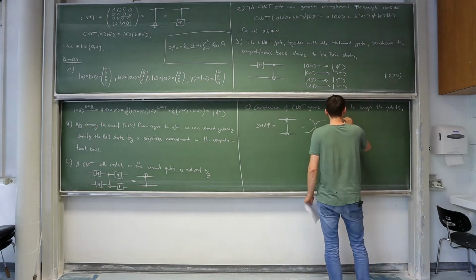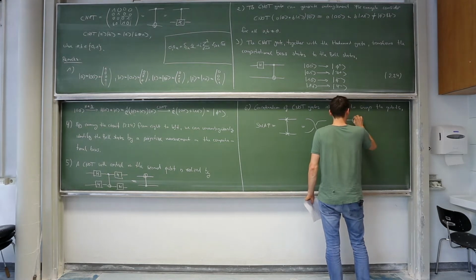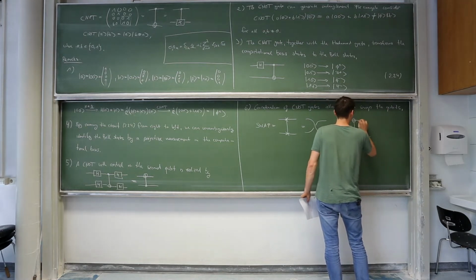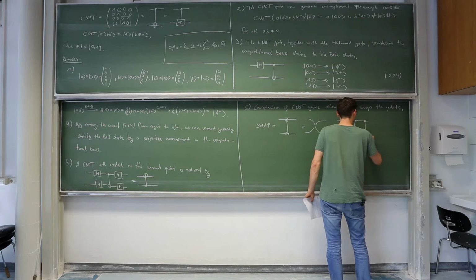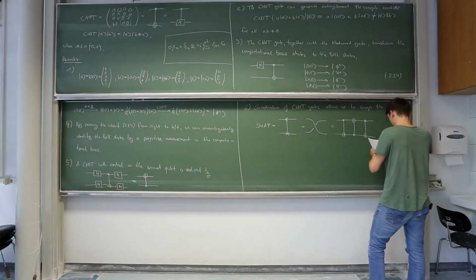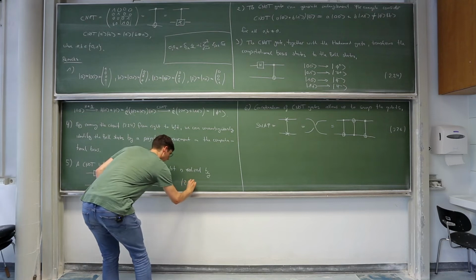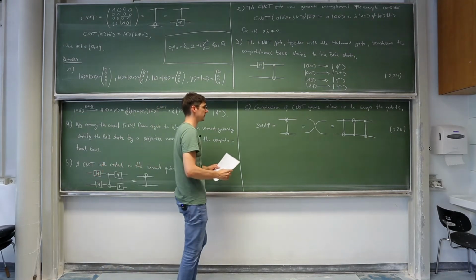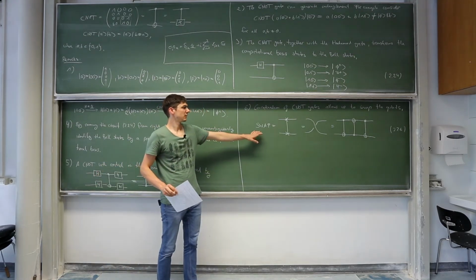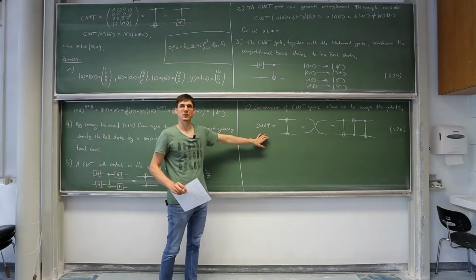So first you make a CNOT-gate, then you make a CNOT-gate with the control on the second qubit, and then again a CNOT-gate. And if you want to show this, sit down and do the calculation.